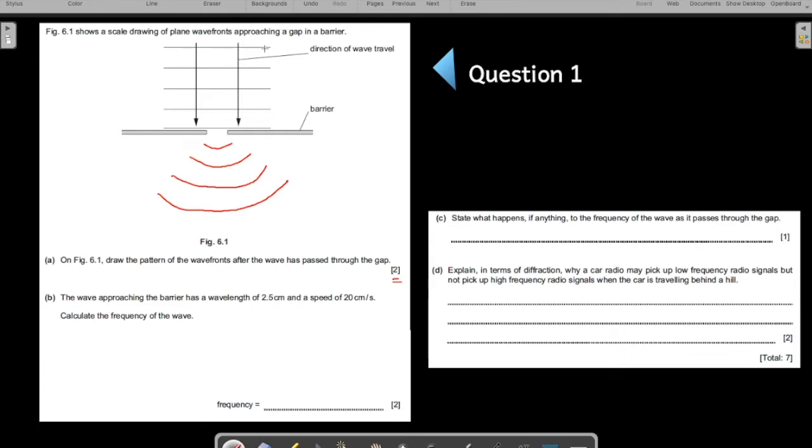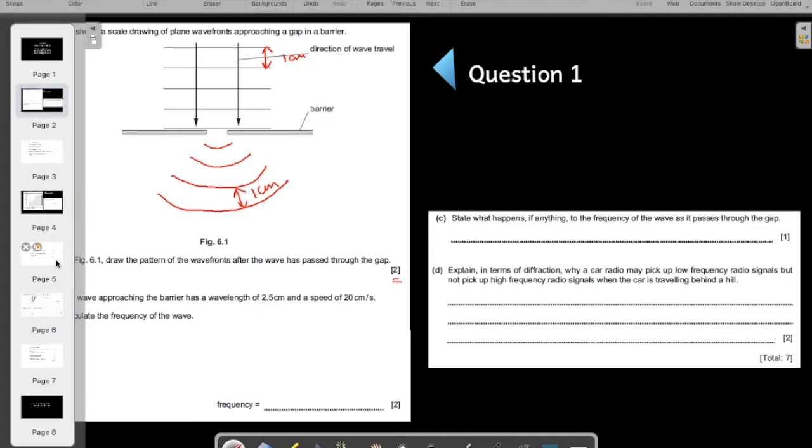Say the spacing here visually looks like 1 centimeter, you should make sure that the spacing of the wavefronts after the diffraction is also approximately 1 centimeter. You do not have to use any ruler. Just by the look of the eye, if it looks like you are not changing the wavelength, you will get the other 1 mark as well.